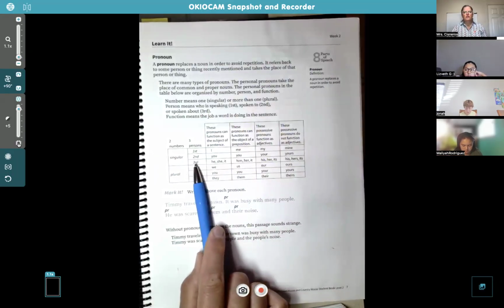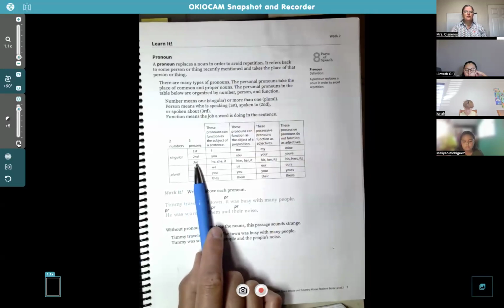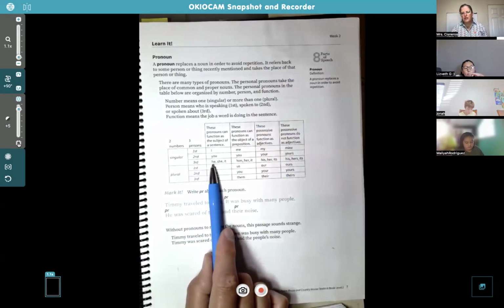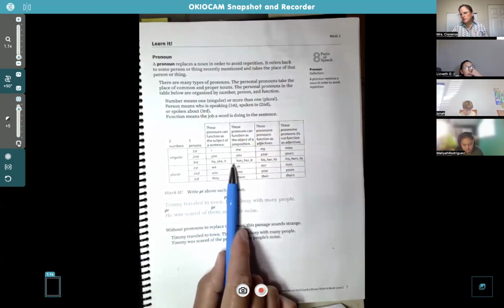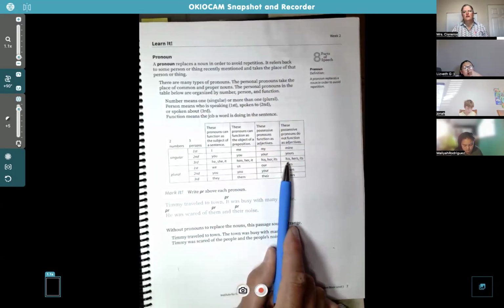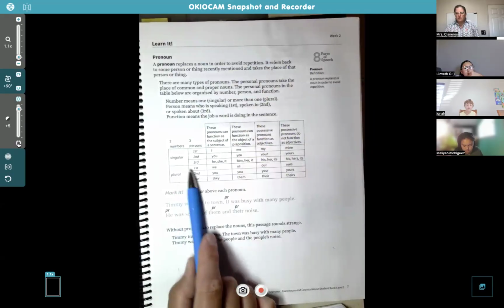But look at third person. If it's singular, third person, that's when you have a character talking to another character and you're not in the story. It's just two characters talking to each other. And that's when we use words like he and she and it, him, her, it, his, her, its, and his, hers, its. And then we jump down here to the plural part.